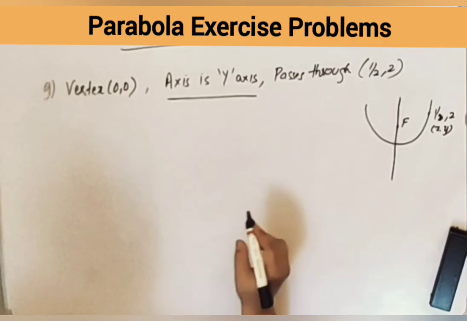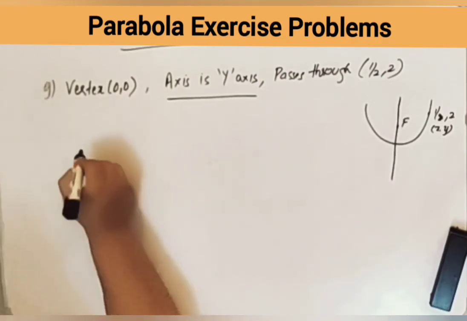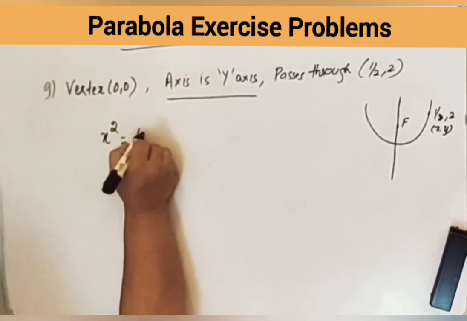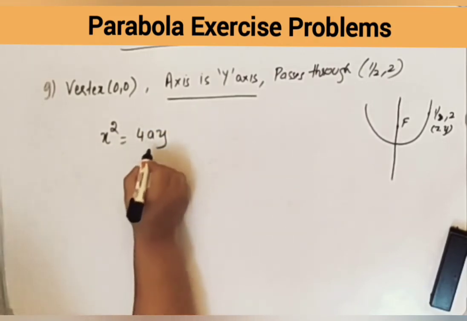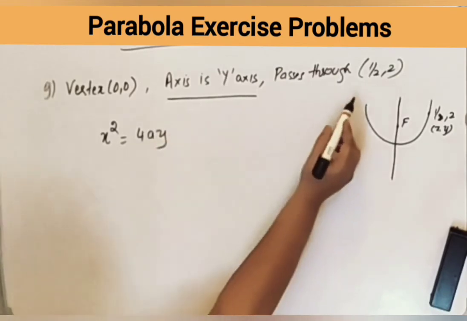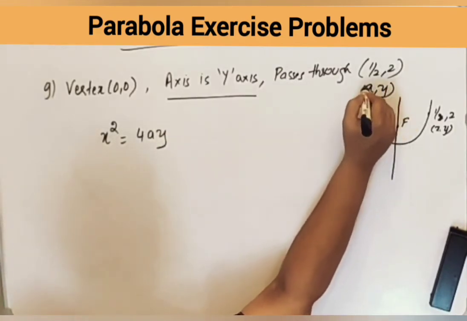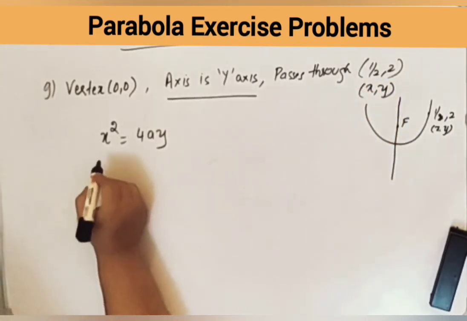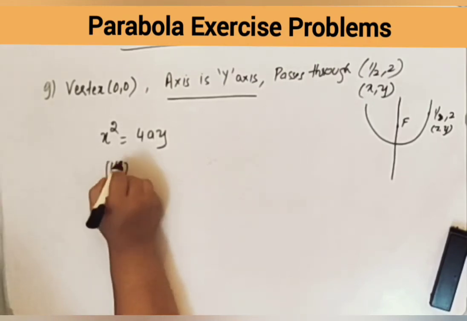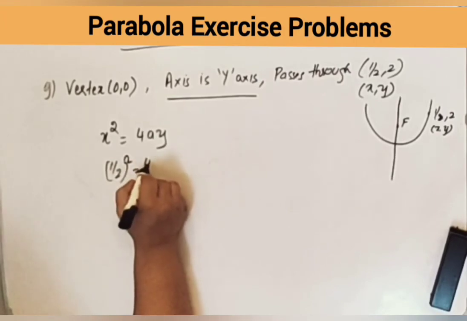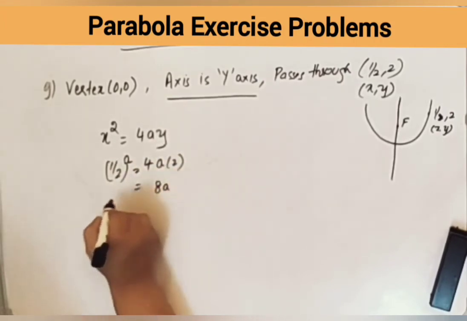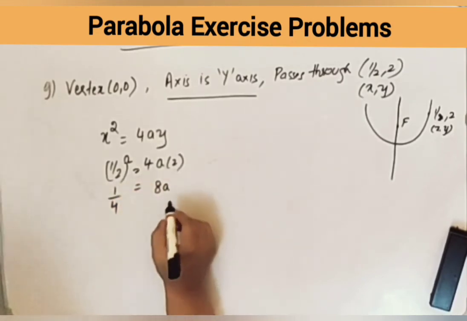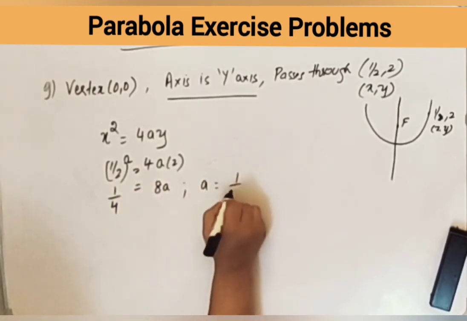Now what is the equation for an upward parabola? It is x square is equal to 4ay. We don't know what a is. We can use this coordinate as x and y. Substitute x and y and get a. x is 1/2, the whole square, is equal to 4 into a into y, which is 2. So we get 8a as 1 by 4, which is a is equal to 1 by 32.